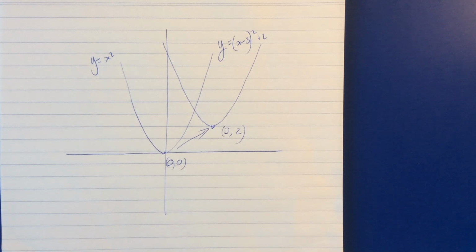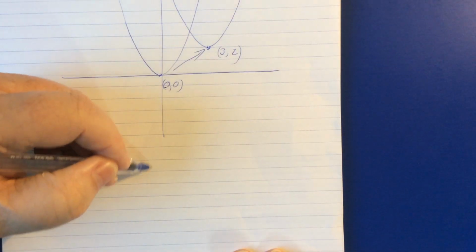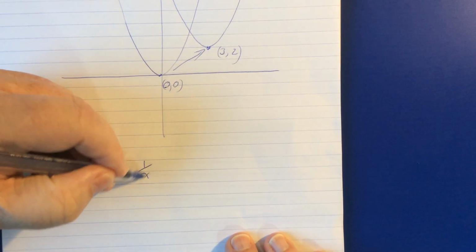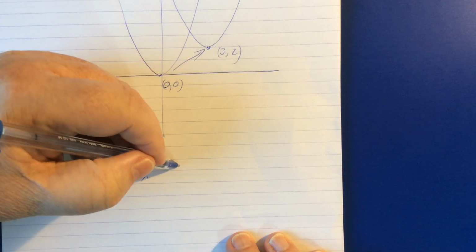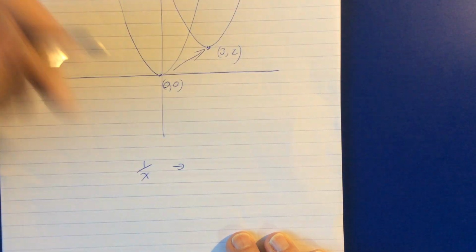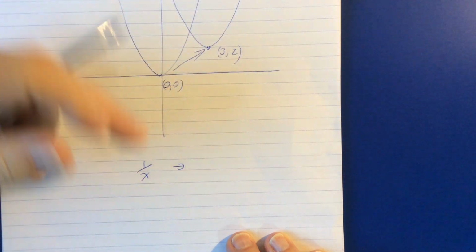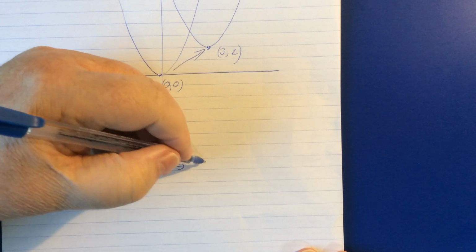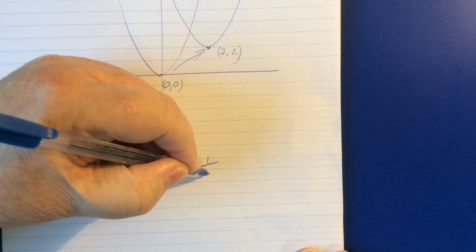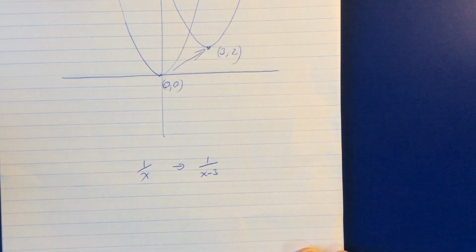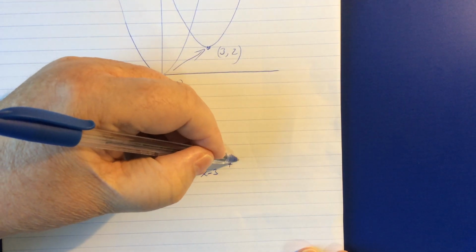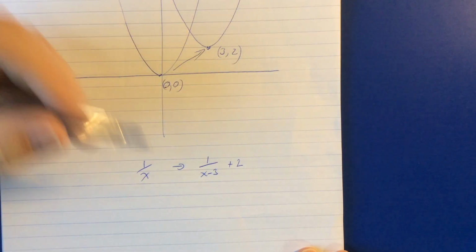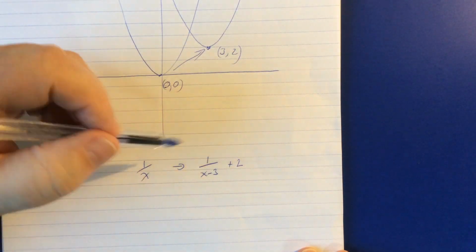So if you look very quickly at 1 over x, a hyperbola, if we want to move it three units to the right, well, this is what we do. If we want to move it up, we can do that. So we've moved it 3 units to the right and up 2.